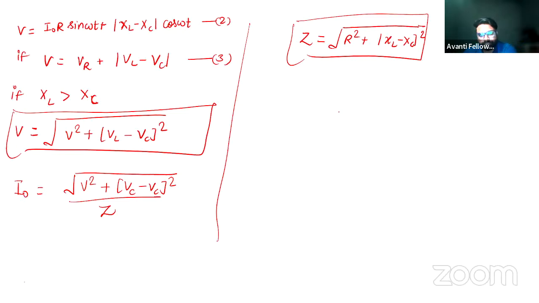Got it? Now, if I draw the phasor diagram here, suppose these are the two lines. Two lines you have to make perpendicular to each other.